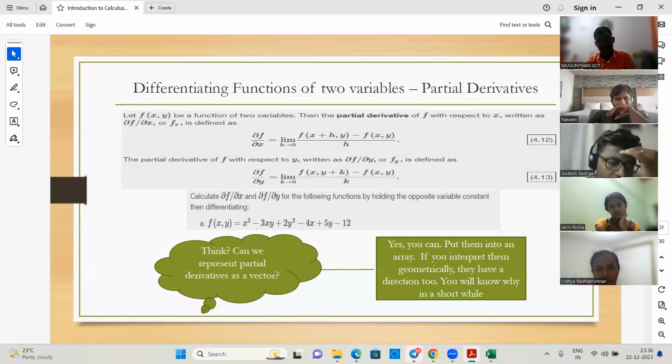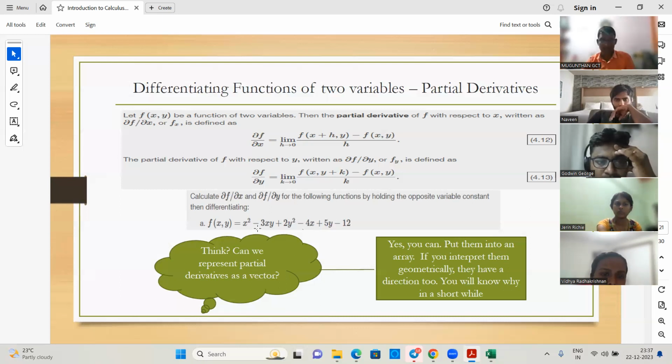The first is x squared, so that will be 2x. And in minus 3xy, since we are considering y as constant, minus 3y will be constant and the derivative of x is 1. So it is just minus 3y.